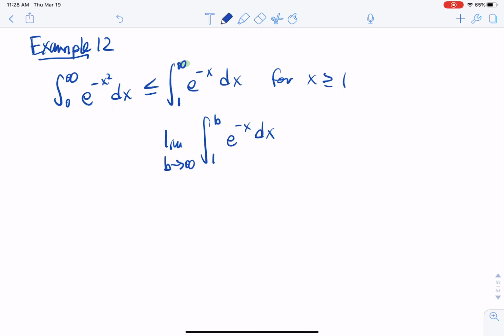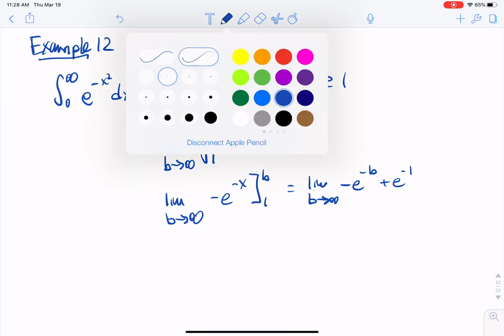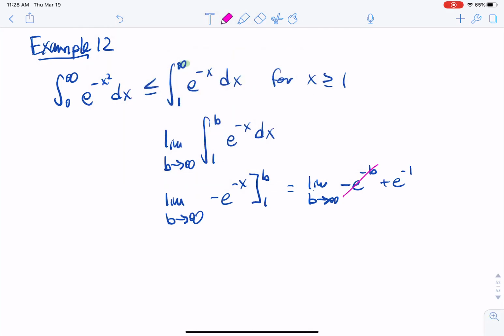I want to say its antiderivative is negative e to the negative x, evaluated from 1 to b, which is equal to negative e to the negative b minus a negative, so plus e to the negative 1. The first part is going to cancel out because e to the negative b is going to get closer and closer to 0, and we're left with e to the negative 1 power, which is essentially 1 over e, which converges.